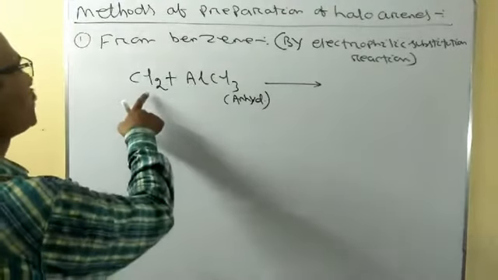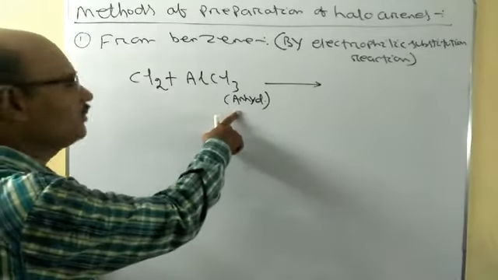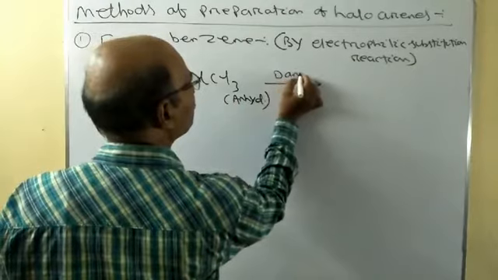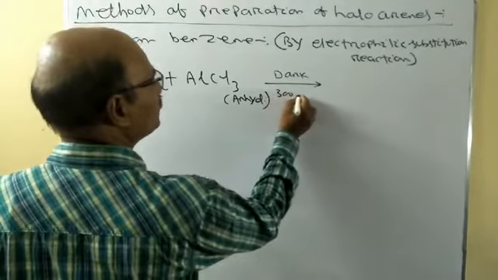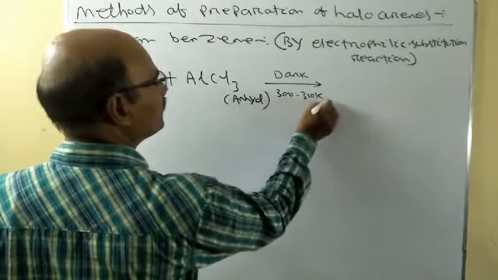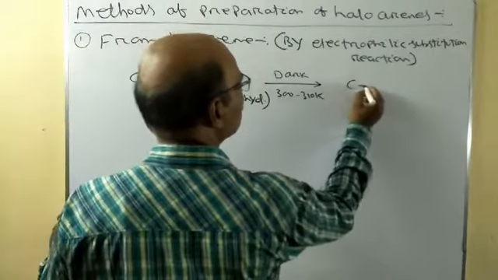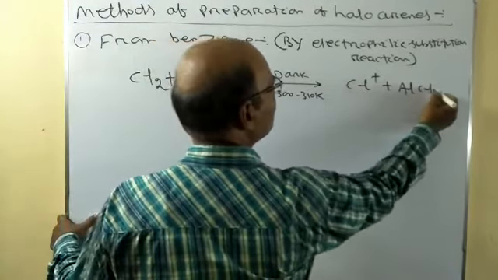So this chlorine reacts with anhydrous aluminum chloride in dark at 300 to 310 Kelvin. We will get Cl+ and AlCl4-.